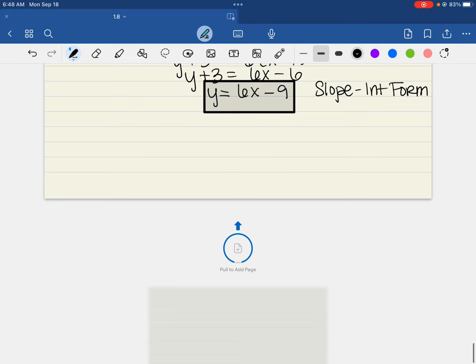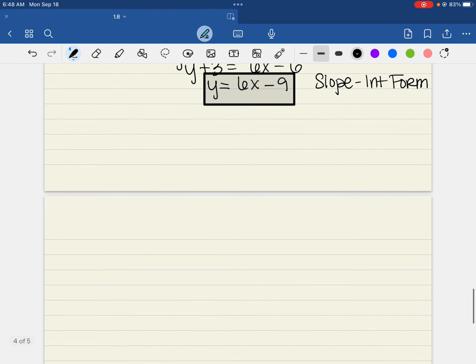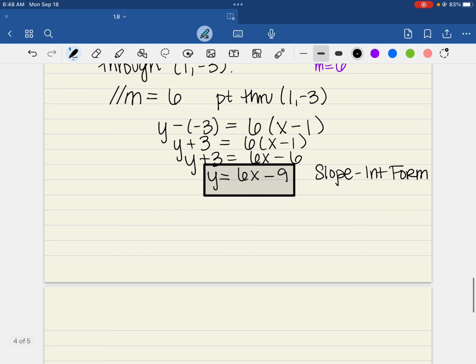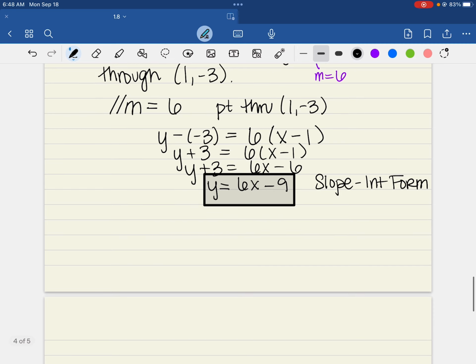Now I need to take that and put it into IB standard form. So I'm going to subtract my y, and I have 0 equals 6x minus y minus 9.